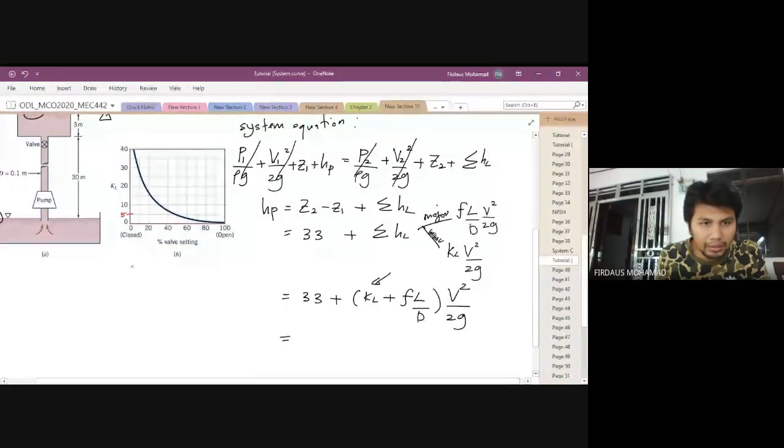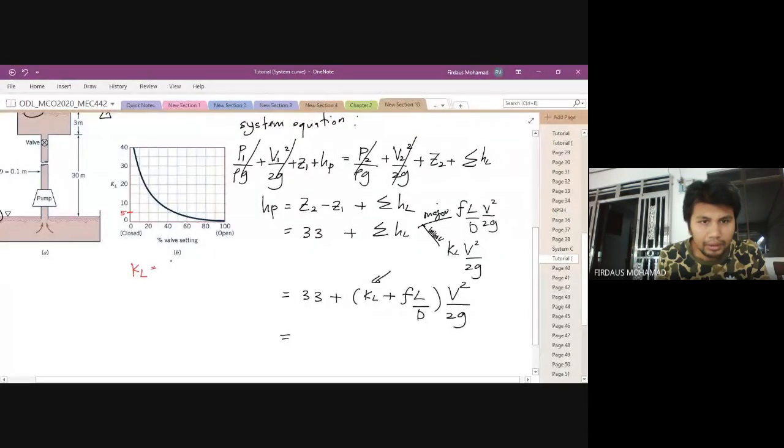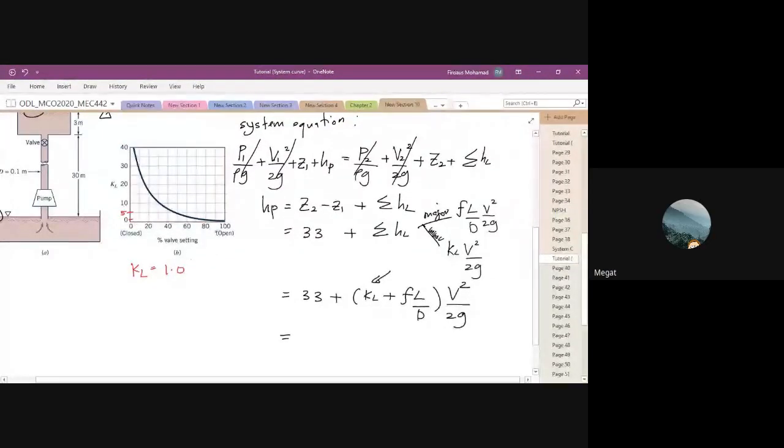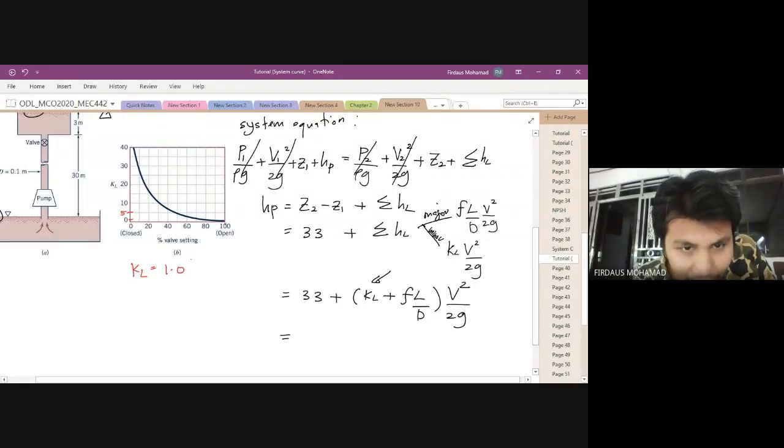So KL at 100%, fully open valve, equals 1.0. You cannot consider it zero, because it is not exactly at zero here. The range is large, 0, 5, 10, so there is definitely a value.